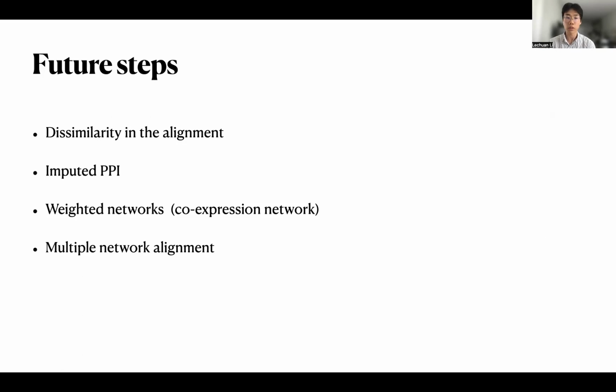And third, we want to expand our model to work on weighted networks, especially co-expression networks, so that we can do some more cell type or tissue specific analysis. And finally, because our alignment is bidirectional, this gives us the chance to do a multi-network alignment beyond just aligning a pair of species.